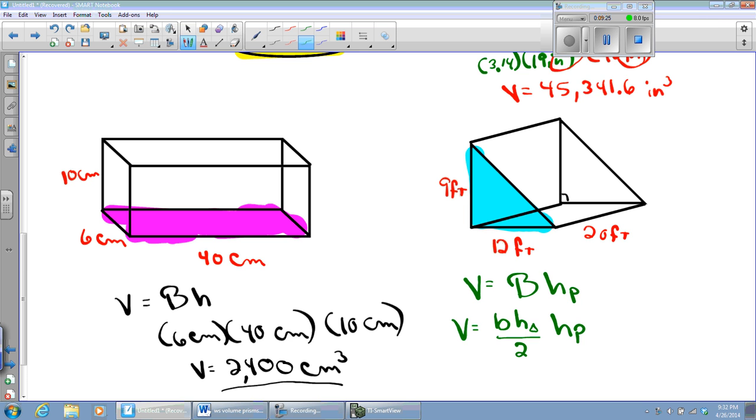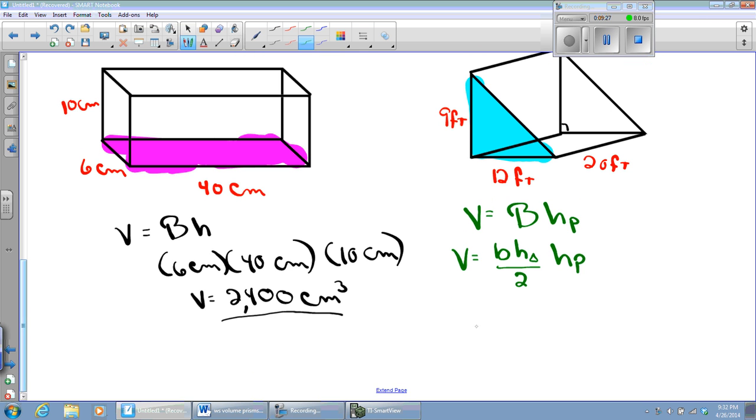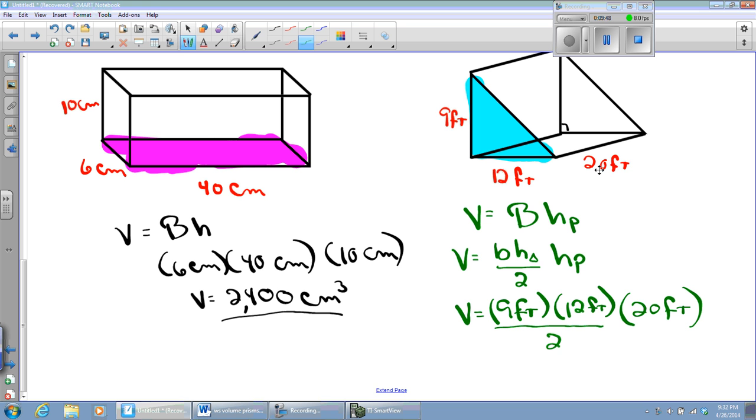So, here we go. The volume is going to equal 9 feet times 12 feet, going to divide that by 2. And we're going to multiply that by 20 feet, because 20 would be the height of the prism if it was resting on the base.